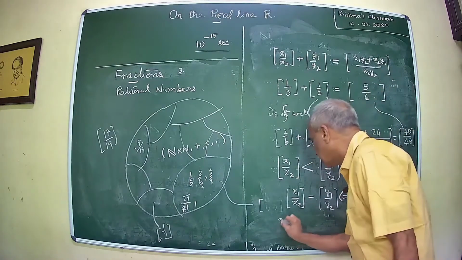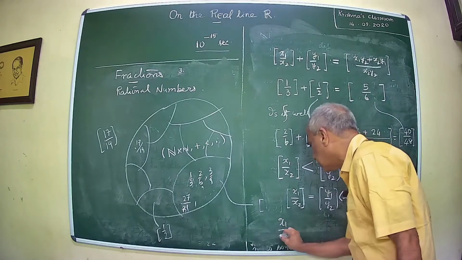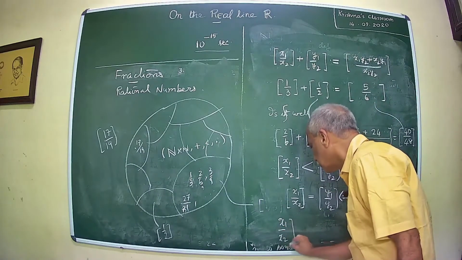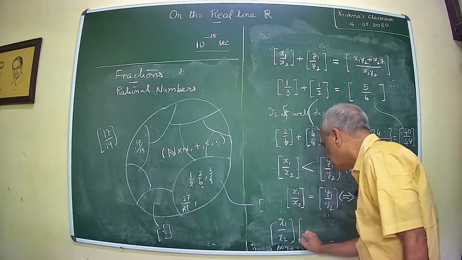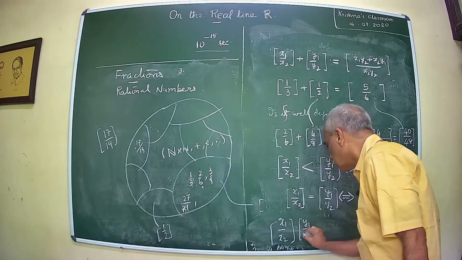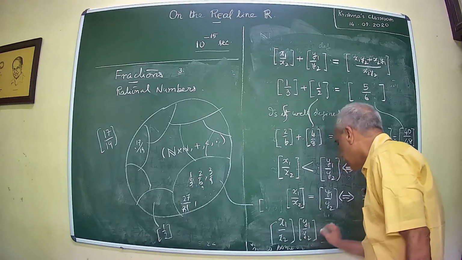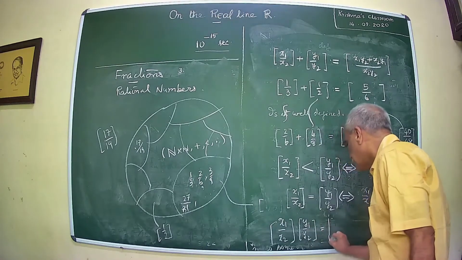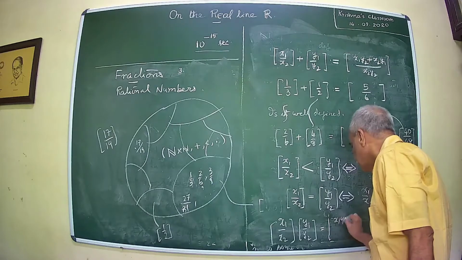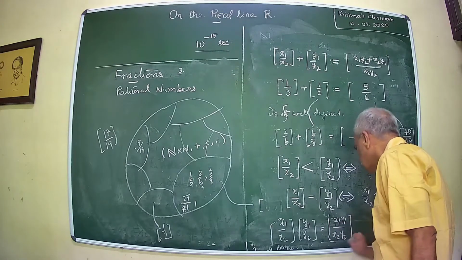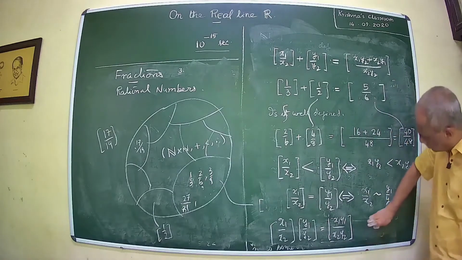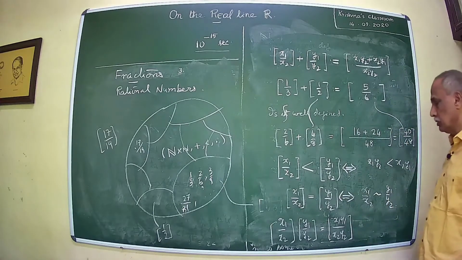Now multiplication also you can check this property. Multiplication is well defined. This is defined as the class, and you can also show that this is well defined.